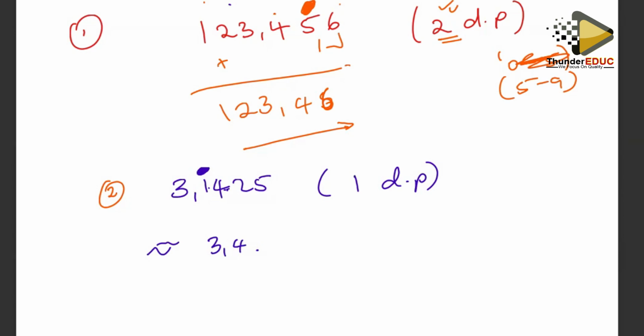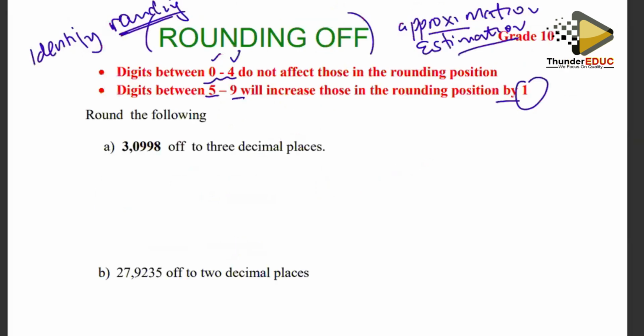All right, let's look at this question. They want us to round this off to 3 decimal places. So it's 1, 2 and 3, so the 9 is in the third place. What follows the 9 is an 8, so the 8 must affect the 9 by adding a 1. 9 plus 1 is a 10, so it's a 0 and you carry 1.